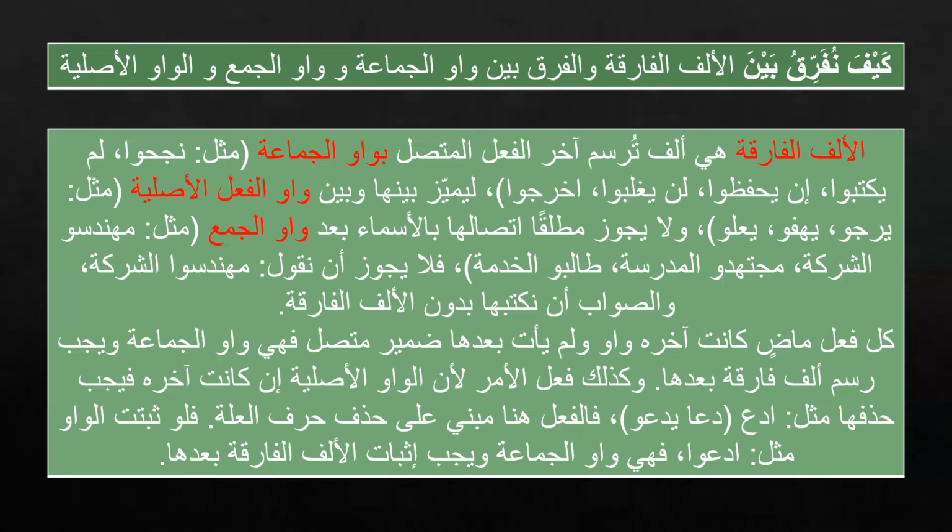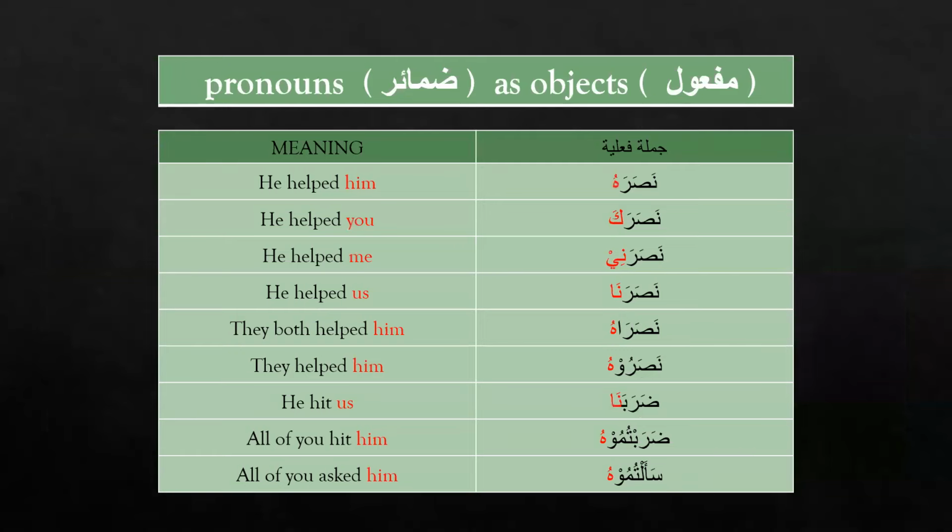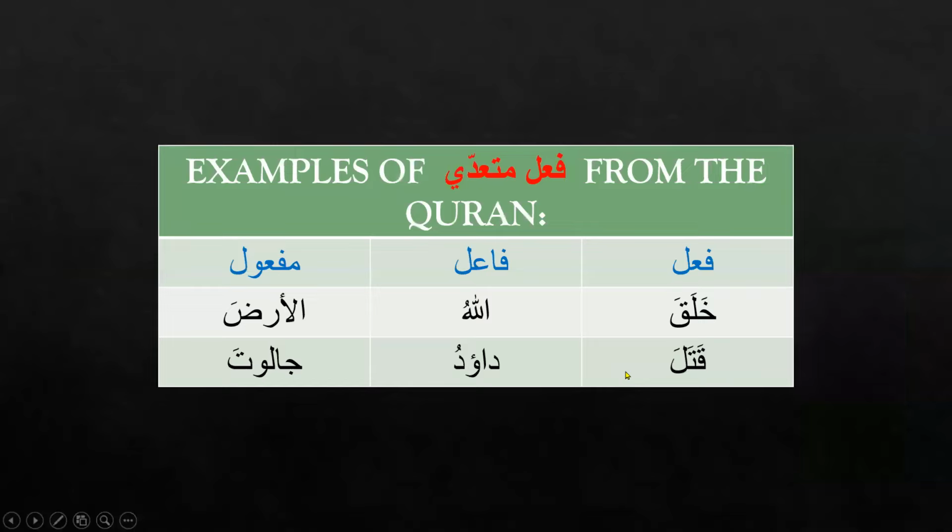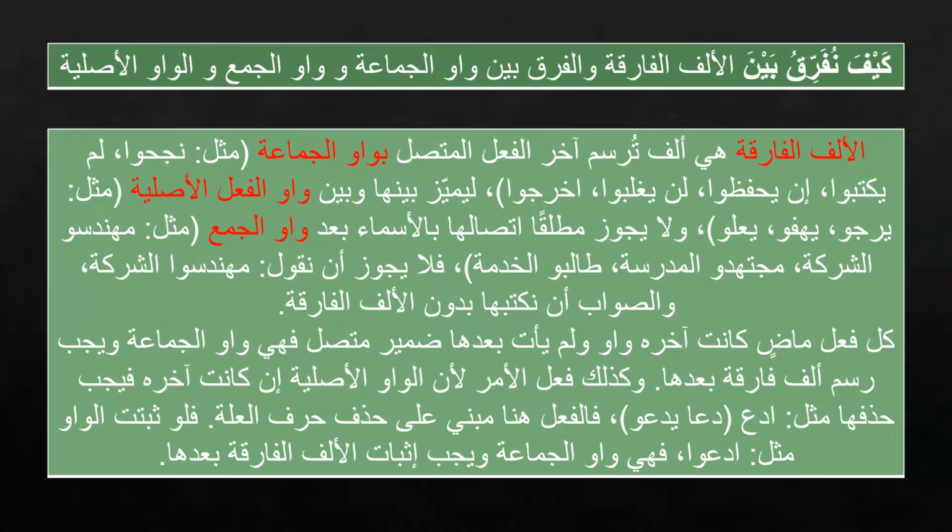For example nasaruhu, there is a damir muttasil, so you are going to drop the alif farika. All right? And if there is no damir muttasil, you are going to write alif al-farika to differentiate between vowel jama'a and vowel al-asliya. Alhamdulillah.